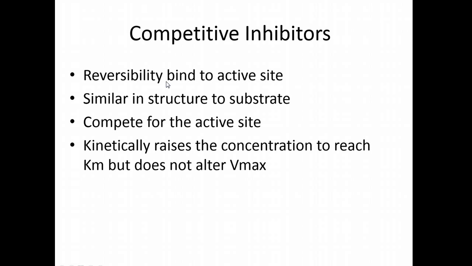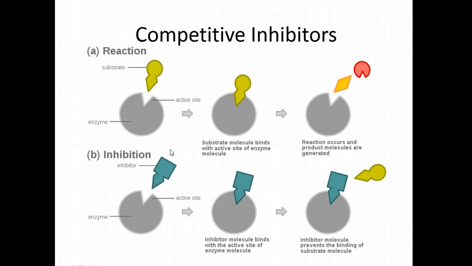So now let's go, where it combines at the active site. And what does it do? I'm going to come back to this later. We have the reaction occurring. Here's a substrate, here are the products.